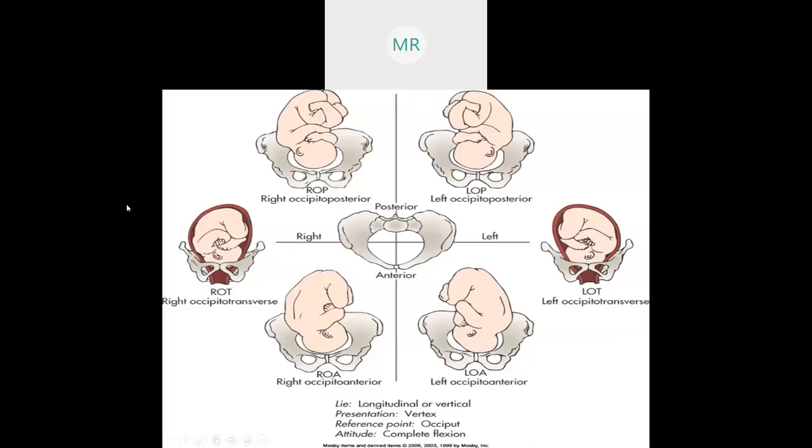Right side, okay, and the left side. Okay, now, if the baby is completely transverse, completely sideways like this, and that spine is right on mom's side, that is transverse position.